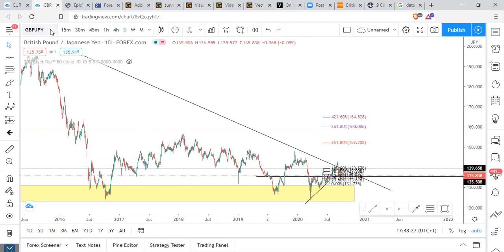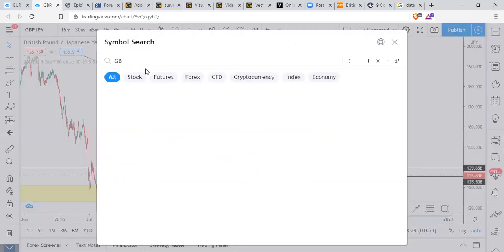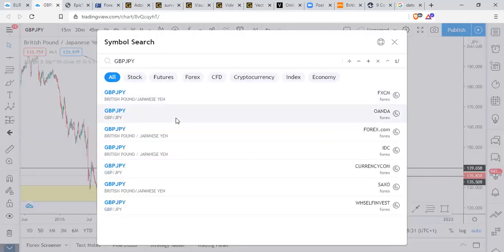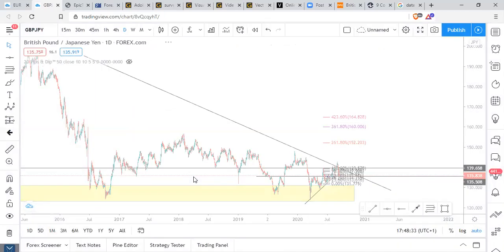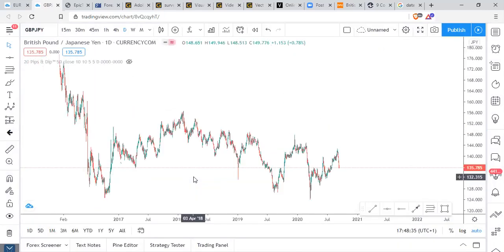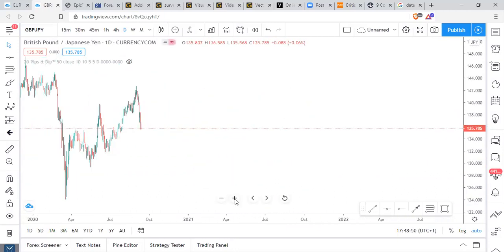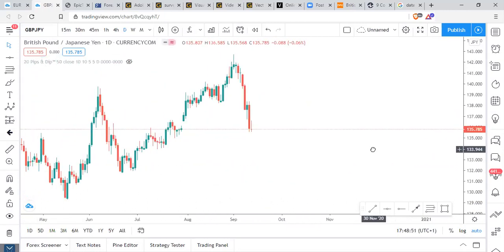GBP JPY. Most of my charts are marked up already. Okay, this is a clear chart now. Alright, so if I was to mark up this chart now, here's what I'm going to do using my support and resistance. Alright, so first thing I'm seeing is okay. Let me zoom in a little bit.